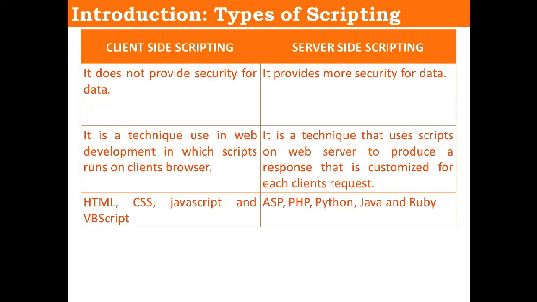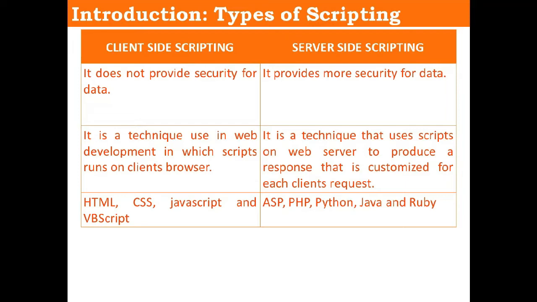Client-side scripting is the technique used in web development in which the script runs in the client browser, so the browser will run the scripting languages. Server-side scripts run on the web server to produce responses that are customized for the client request.